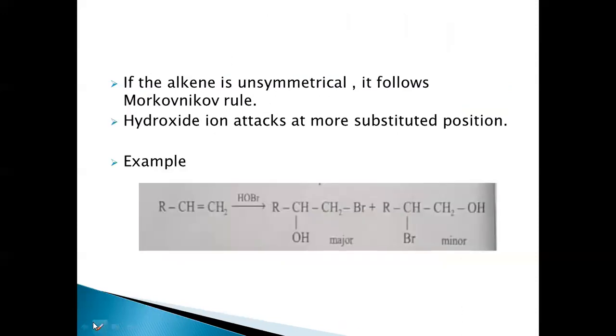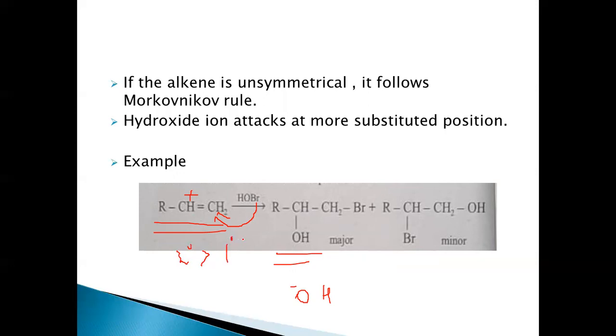So if you take the example of RCHCH2, this is an alkene, and the addition of HOBr. This one is the major product because OH minus is acting as a nucleophile here. If the attack of Br takes place here, this results in the formation of a secondary carbocation, which is more stable than primary.